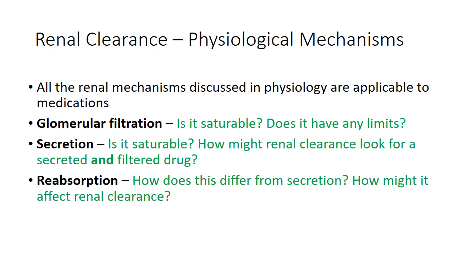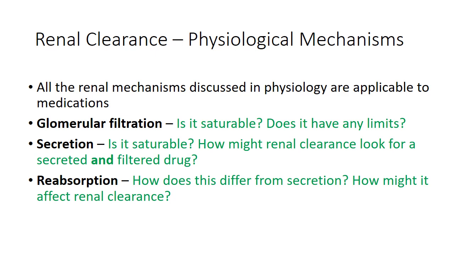And the answer is no. It's almost impossible with the dosing ranges that you'd be seeing in a patient. So glomerular filtration is not really saturable. It doesn't really have limits. Remember though, it is affected by things like protein binding. But if you double the drug concentration, you double the glomerular filtration for all normal dosing ranges.